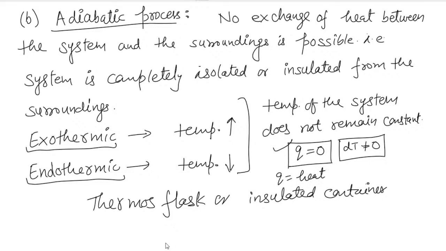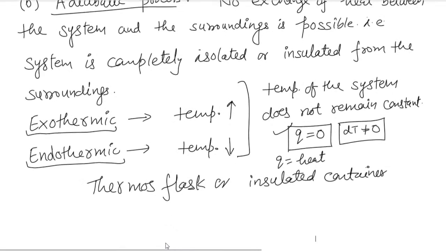Heat cannot be released to the surrounding or absorbed from the surrounding. Means the system cannot absorb heat or evolve heat, because there is no connection between the system and surrounding. So in an adiabatic process, Q is 0 and dT cannot be 0. There is always a change in temperature.